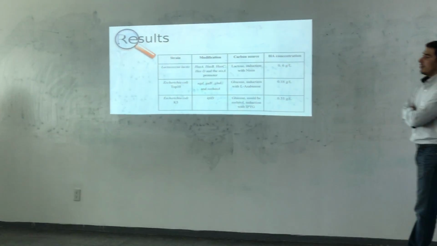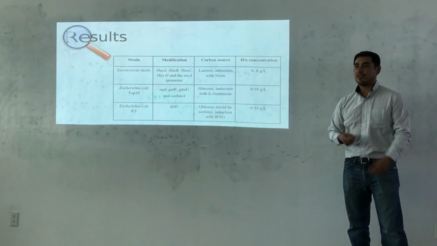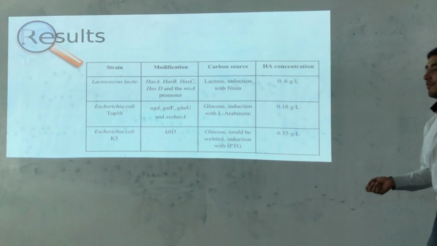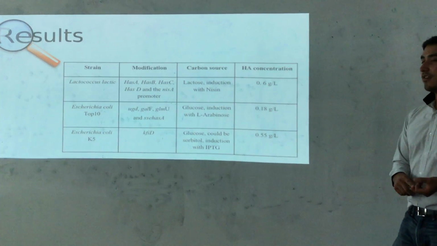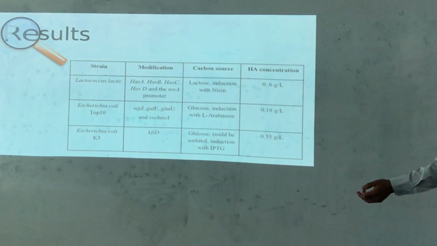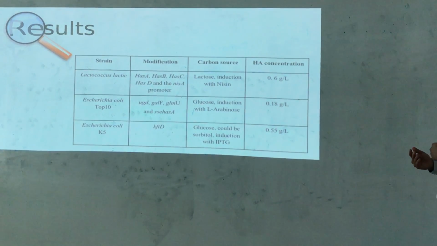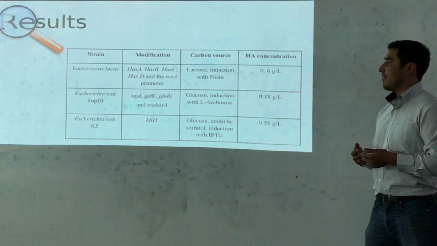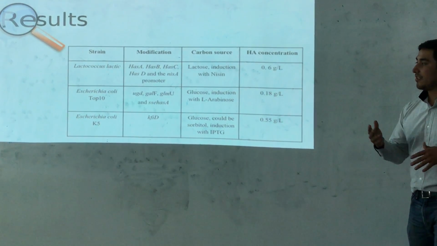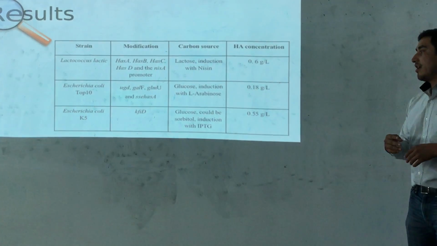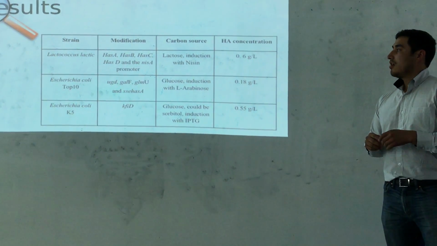So we found other papers that do the same as we want to do, in other strains. We found three: Lactococcus lactis, also Escherichia coli but a different strain, Top10, and K5. In these works, for example, in Lactococcus lactis they introduced 5 genes, in Escherichia coli Top10 they introduced just 4, and K5 just 1.